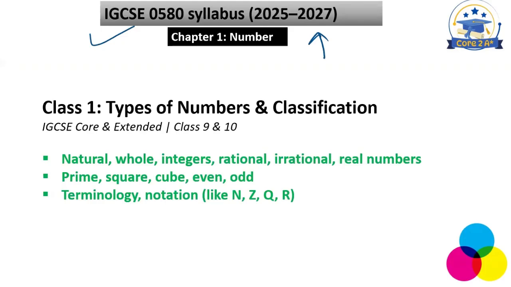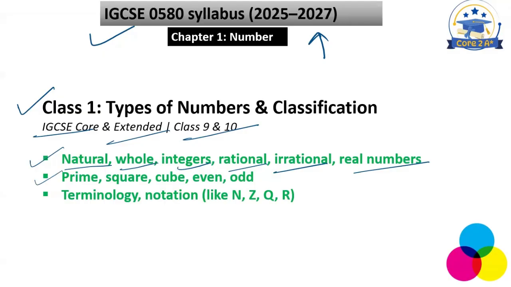So without any further delay, let's start the first subtopic, that is types of numbers and classification. How many types of numbers do we have and how can we classify and categorize them? This is for IGCSE core and extended, for class 9th and 10th. In this class, we will learn what natural numbers, whole numbers, integers, rational, irrational, and real numbers are.